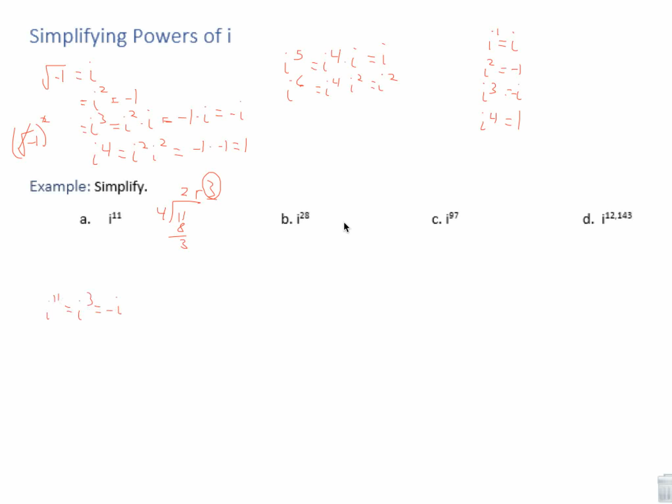This one we can take 28. 28 divided by 4 goes in 7 times with no remainder. So if it's a multiple of 4, which 28 is, it's just going to equal 1. So i to the 28th is equal to 1, because the remainder was 0.